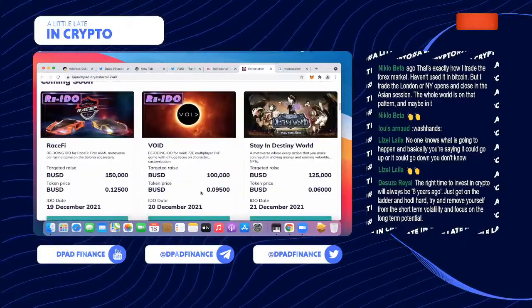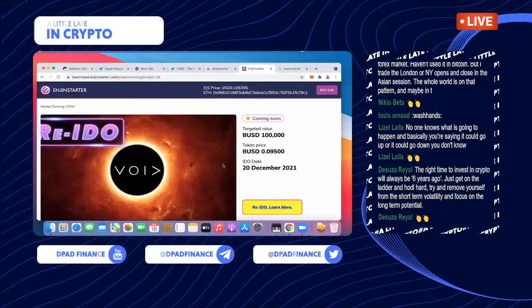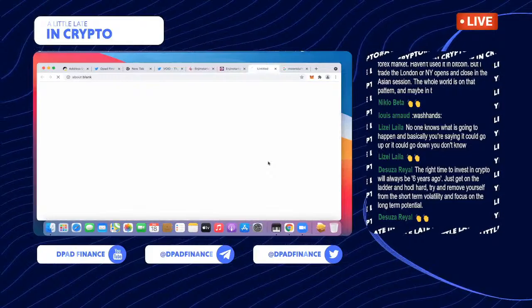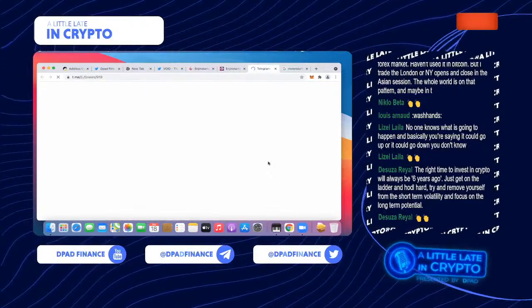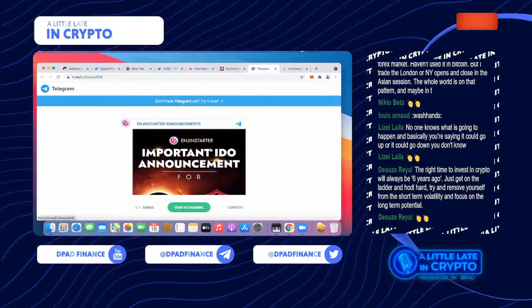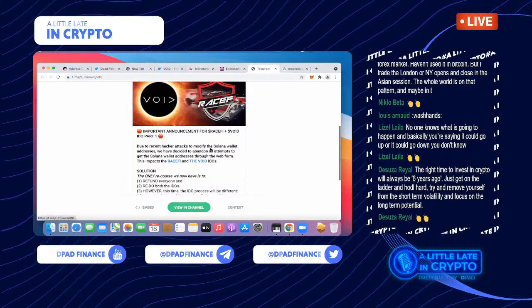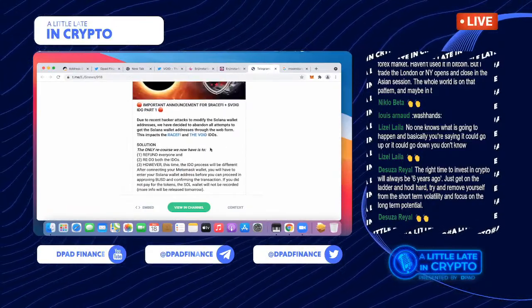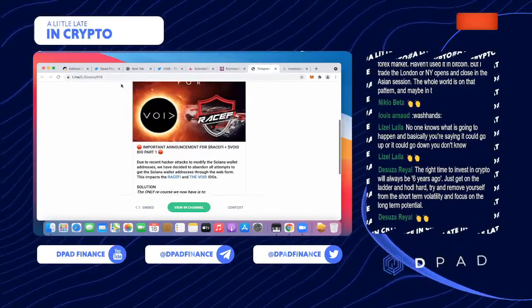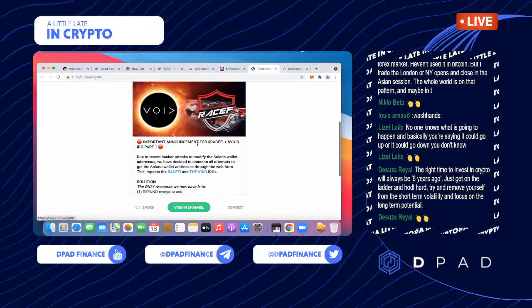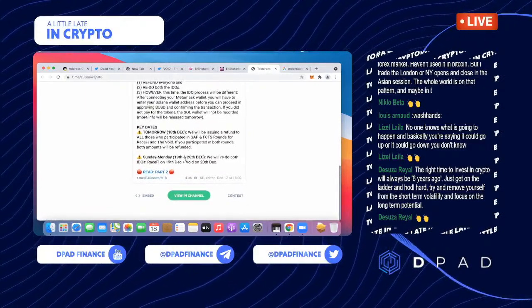Probably this is the market cap re-ID. They might have changed something in their announcement, maybe an important announcement.